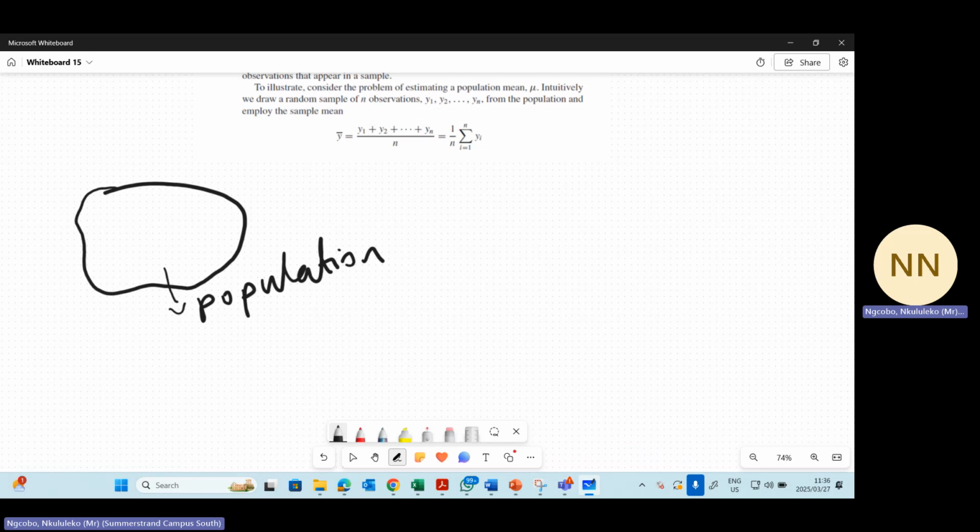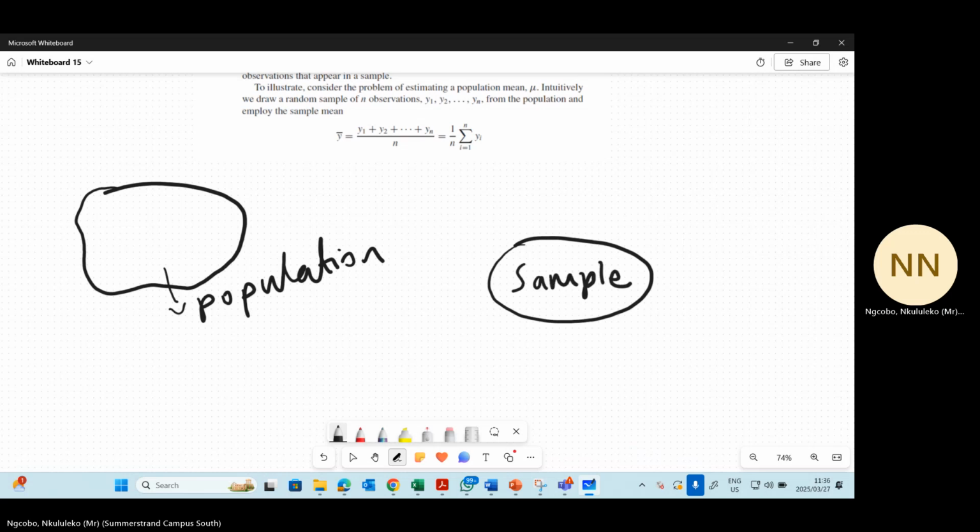Now, since it's difficult to find information based on the population, we often find a sample, which is a subset of the population, right? It means that it's just a proportion or just a portion from the population.